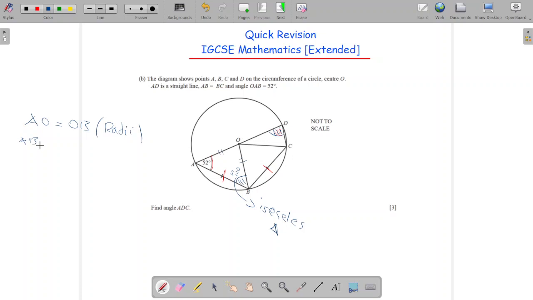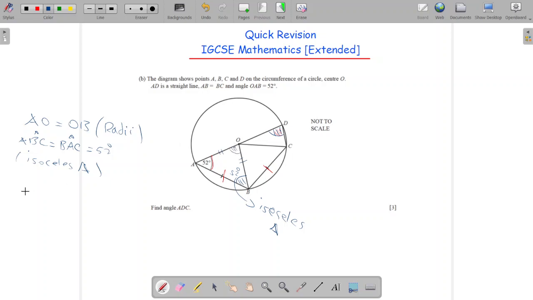So due to that fact, we will say that the angle ABC is going to be equal to the angle BAC, which is equal to 52 degrees. Why is that? Because we have in front of us an isosceles triangle, and since we know two angles, it's easy for us to find the third one.